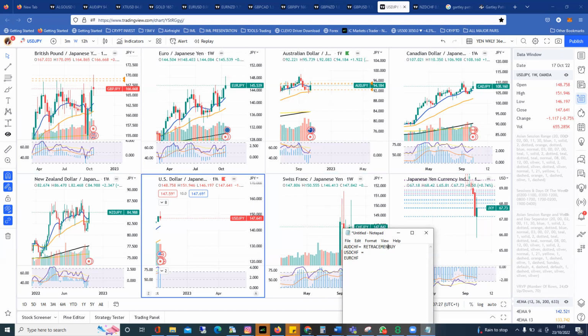retracement buy opportunity in the new week. I'm looking at dollar Swiss for a retracement sell opportunity. And then I'm looking at Euro Swiss as a retracement buy opportunity. All right.